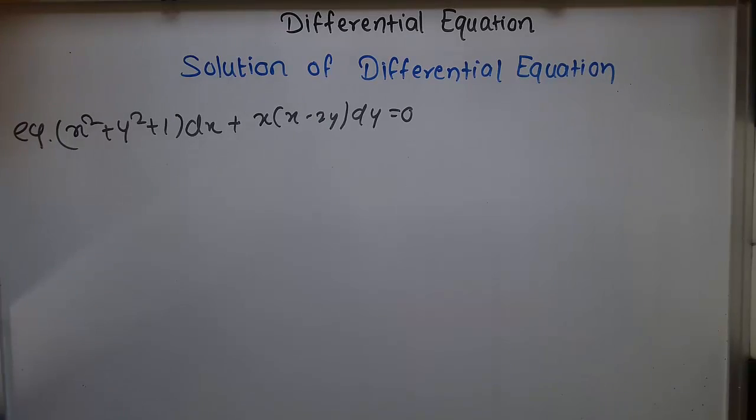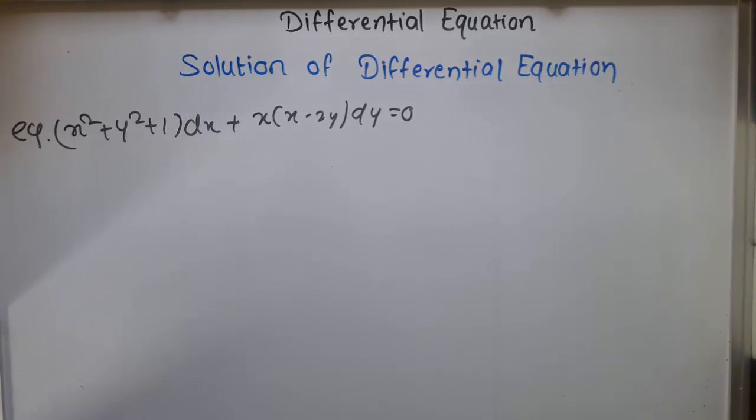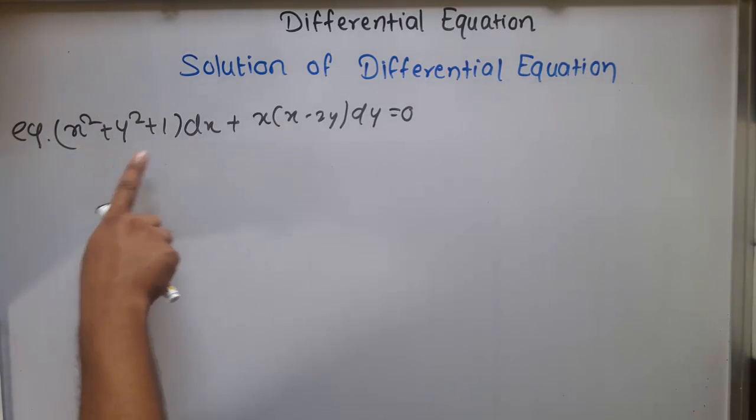Next example: x square plus y square plus 1 dx plus x bracket x minus 2y bracket dy equal to 0. By looking at this equation, we find it is not a homogeneous one because here we have x square, y square, and 1.